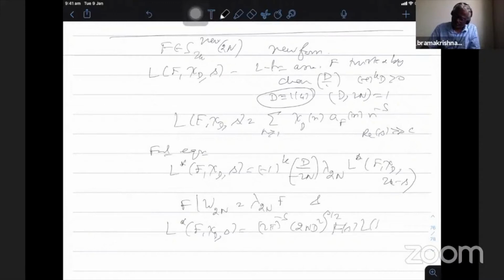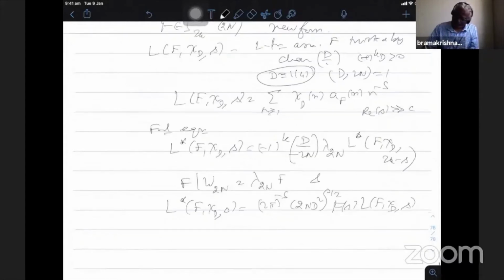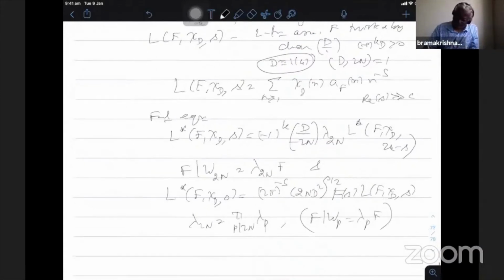After completing with this gamma factor, this completed L function satisfies this functional equation. Note that λ_2n is nothing but the product over p dividing 2n of λ_p, where F|W_p is λ_p.